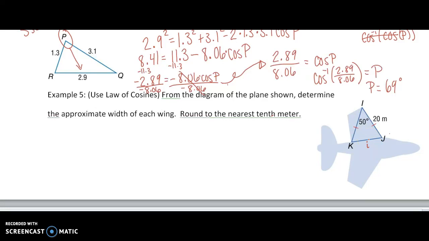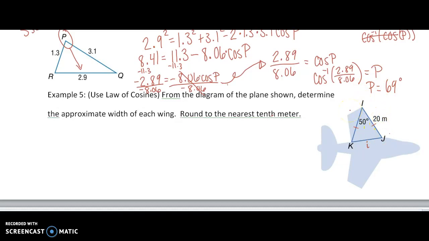You might look at this and think, I only know an angle and one of the sides. But do not forget about our congruent markings, that segment IJ is congruent to segment IK. Notice you have a red notch on both sides. With that said, segment IJ happens to be 20 meters.